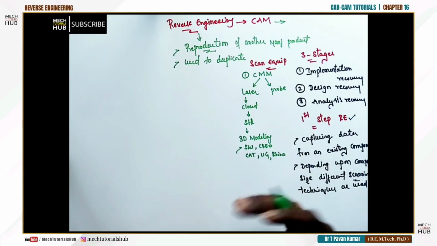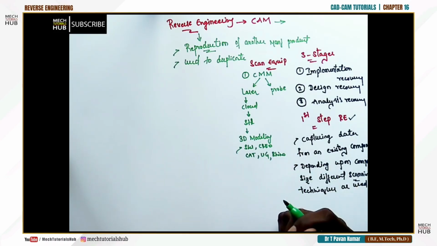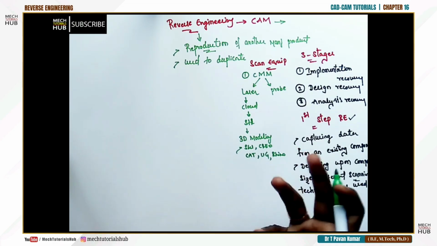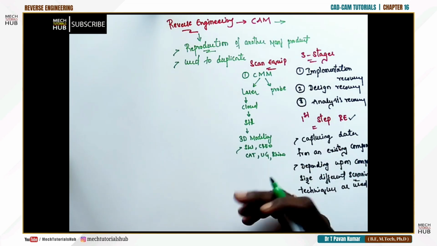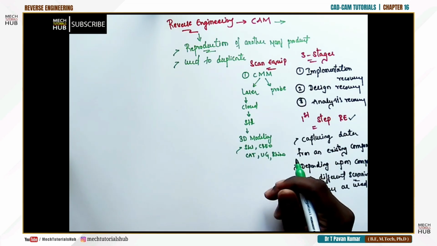You can take the data in any of the modeling software to create surfaces by using that XYZ data. If you want a prototype before you analyze the data, you can give it to a 3D printer for printing that component.